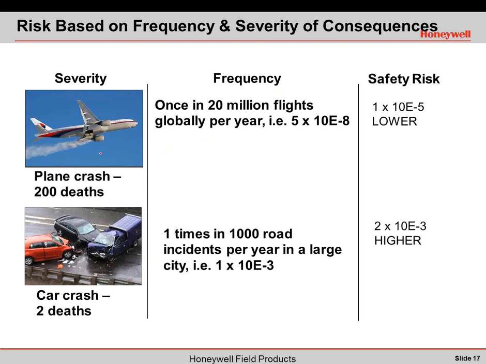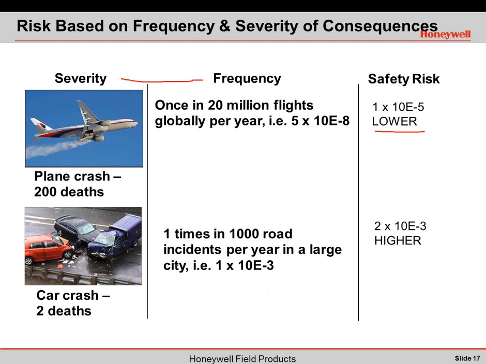And in that accident, the severity was 200 deaths. So if you multiply these two together, there we come up with our safety risk. So once again, it's the severity times the frequency. That's what gives us our safety risk.